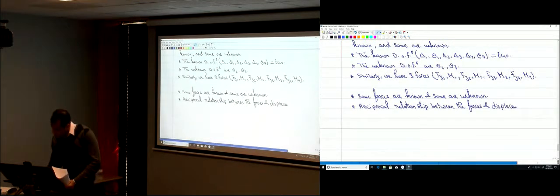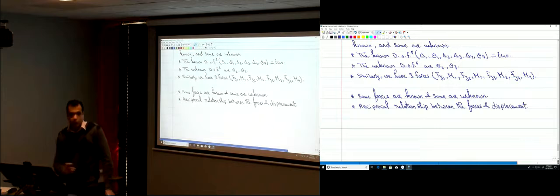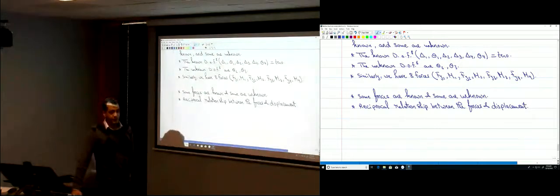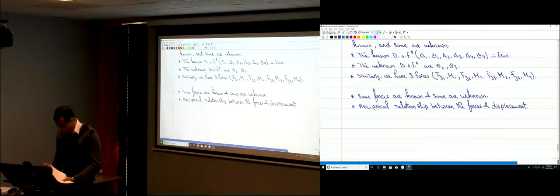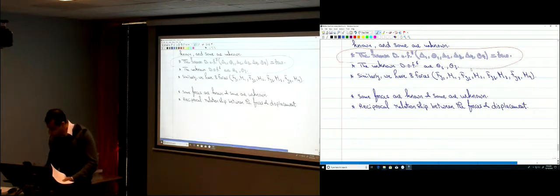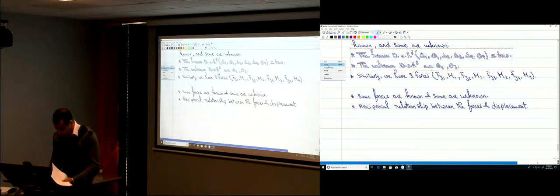What does this mean? If you know a displacement at a certain degree of freedom, you don't know the force at that degree of freedom. And if you don't know the displacement, you know the force. So actually, I'll just copy those and write the reciprocal of them.